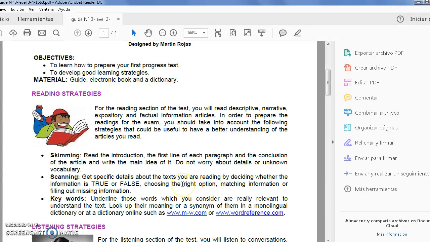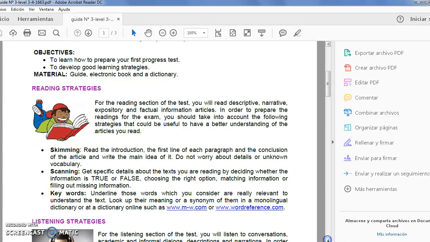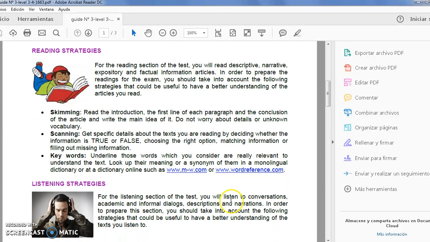You have to decide what is the right answer, A, B, C, in some cases D. And the other type of question you will find is matching information. For example, there are two columns and you have to match them with the right information, or fill out missing information. Those questions are not very common, but you may find them.